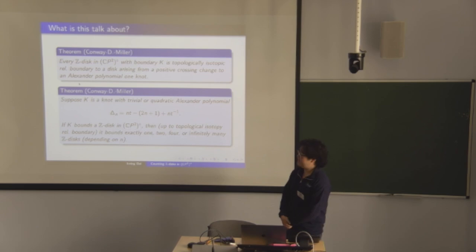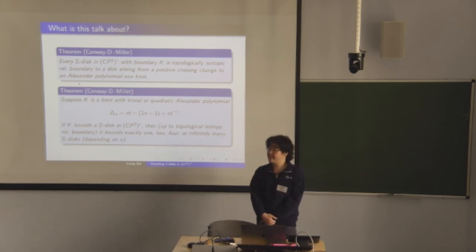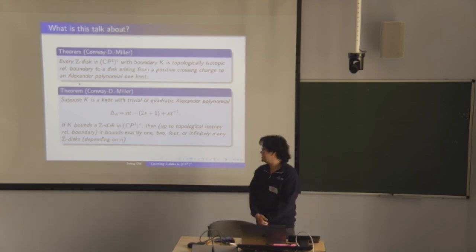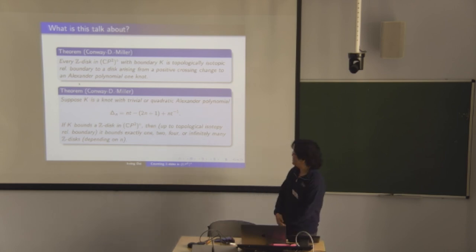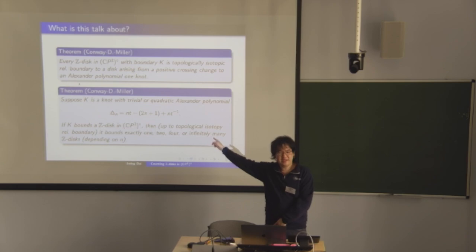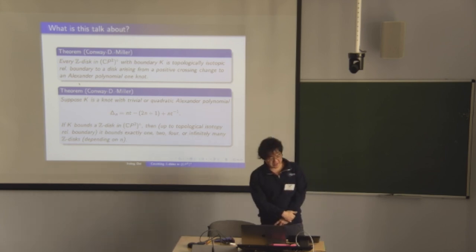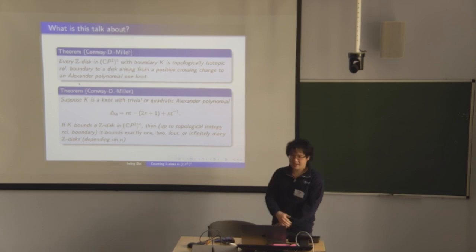If the knot has trivial or quadratic Alexander polynomial, then we perform an explicit enumeration, and it turns out that up to topological isotopy rel boundary, you bound 0, 1, 2, or 4, or infinitely many Z disks, depending on what exactly the Alexander polynomial is, which is a little bit strange. So what I want to talk to you about today is this explicit calculation and enumeration. Okay.